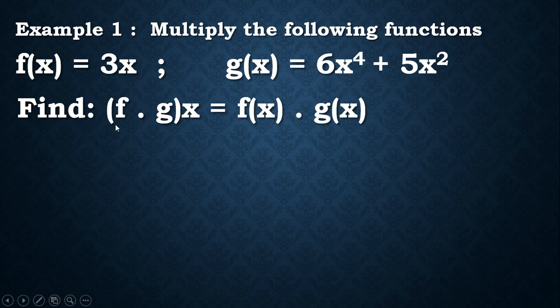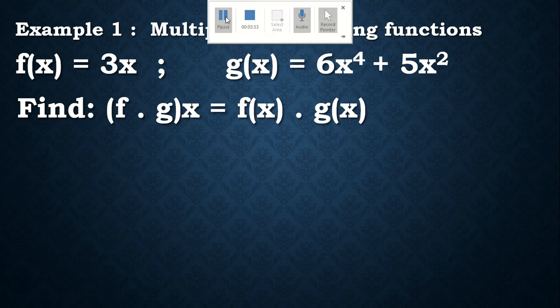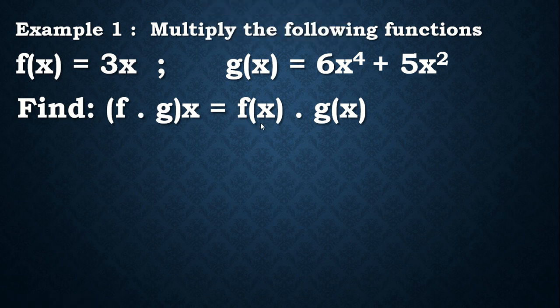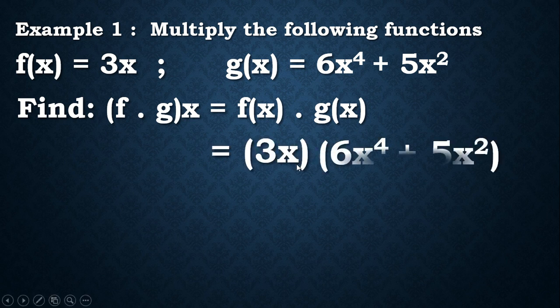We have to find the quantity of f times g of x, that is equal to f of x times g of x. First, we have to copy the f of x, which is 3x, and then multiplied by the g of x, we have 6x to the 4th plus 5x squared.